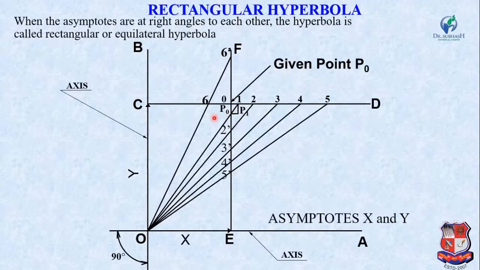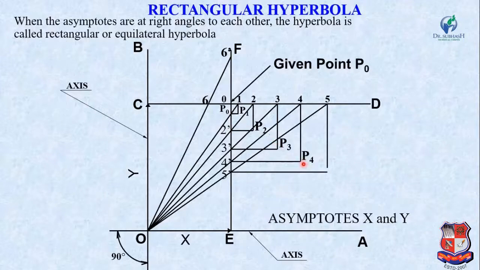Similarly, from point 2 dash draw a horizontal line, and from point 2 draw a vertical line, and you will get the intersection point P2. Similarly find points P3, P4 and P5, and here point P6.